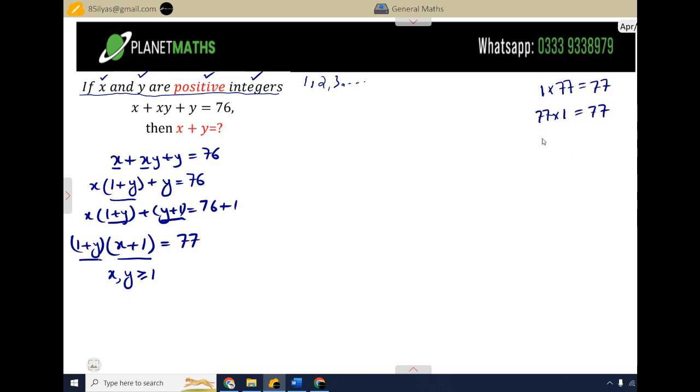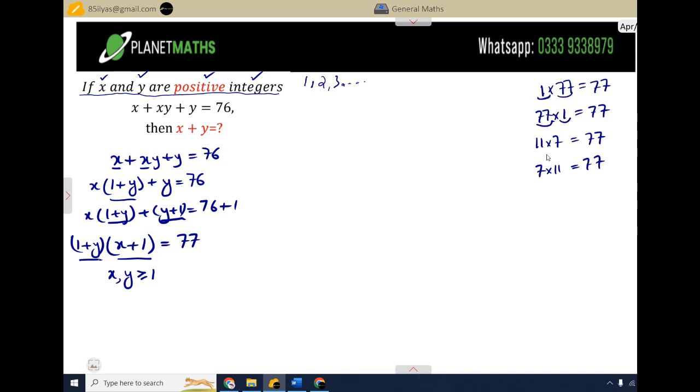Another product may be 11 into 7 is also 77, or 7 into 11 is also 77. These are the possible pairs.